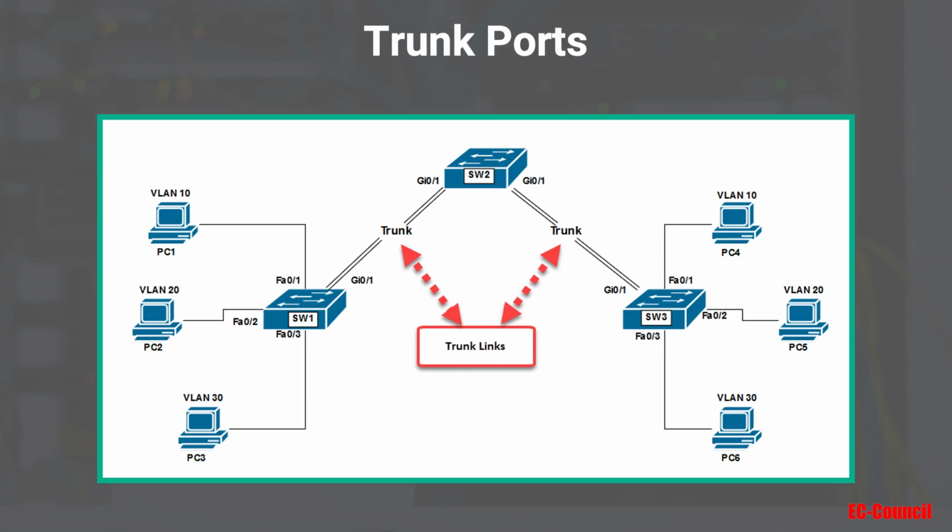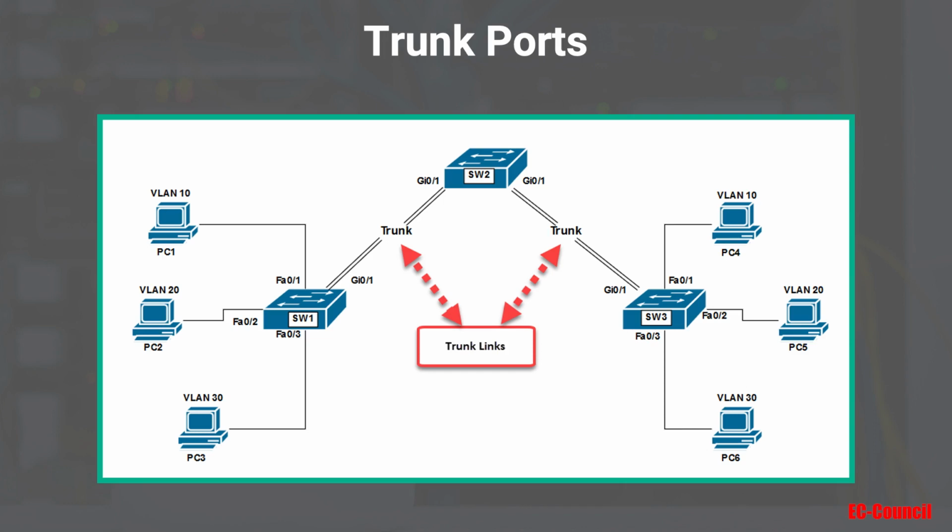So let's imagine that we create our trunk between all of these switches. If PC1 wants to send a message to PC4, the message will enter switch 1's interface here. Once it enters switch 1's interface, switch 1 will tag the traffic with 802.1Q VLAN tagging. In other words, it will insert VLAN 10 as a VLAN ID into the frame itself.